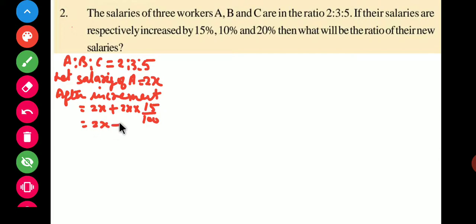It will be 2x plus 0.30x, so total is 2.30x.